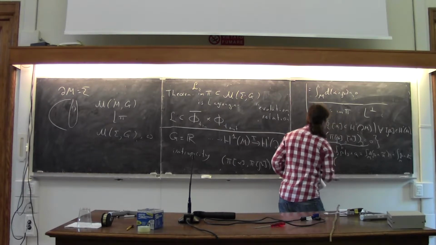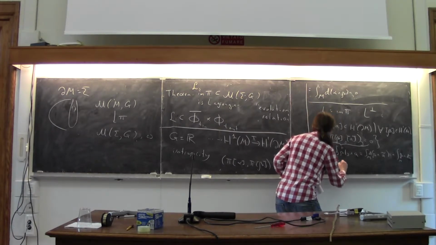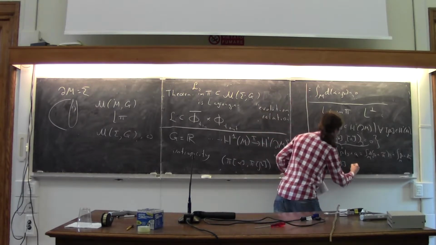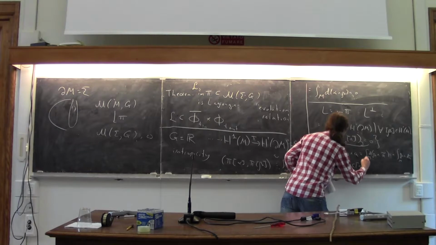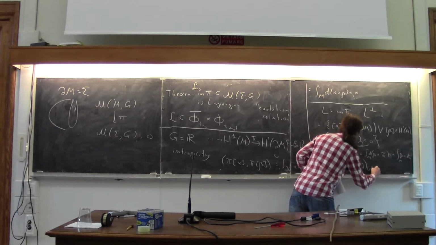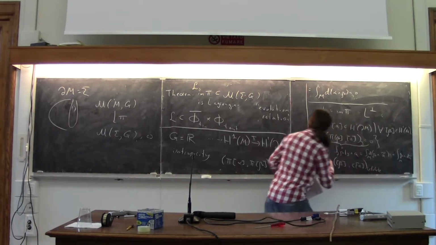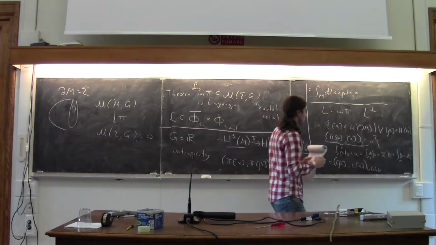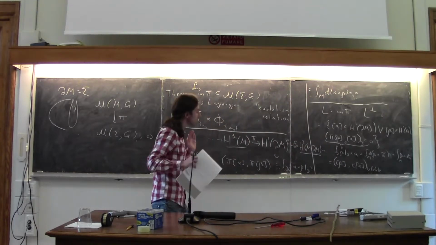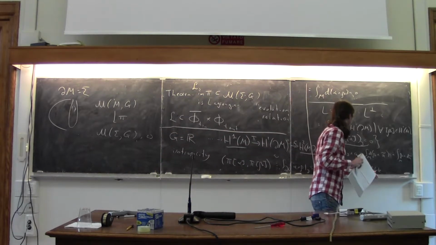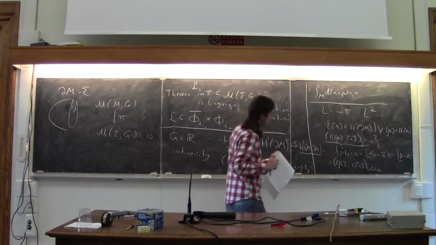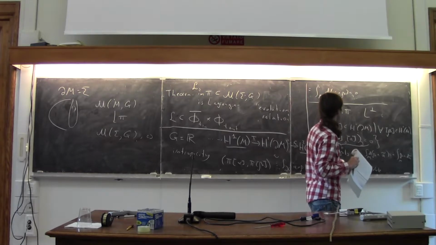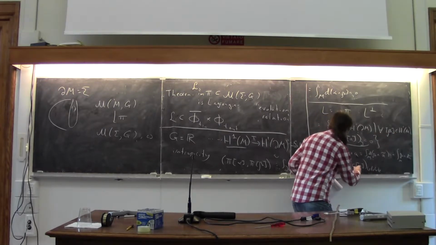This is the pairing between the class of beta and the connecting homomorphism applied to the class of A. This is the Lefschetz pairing between these two objects. The well-known theorem is that Lefschetz duality is non-degenerate. So if I want this to happen for every beta, this expression should be 0.